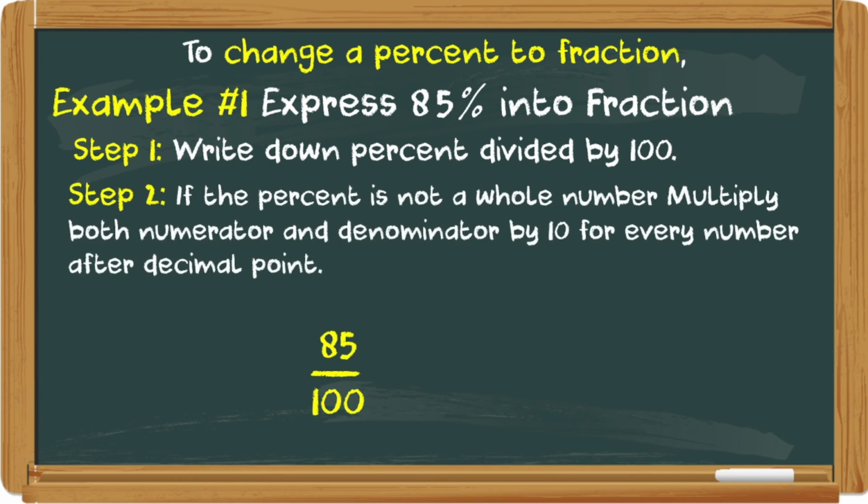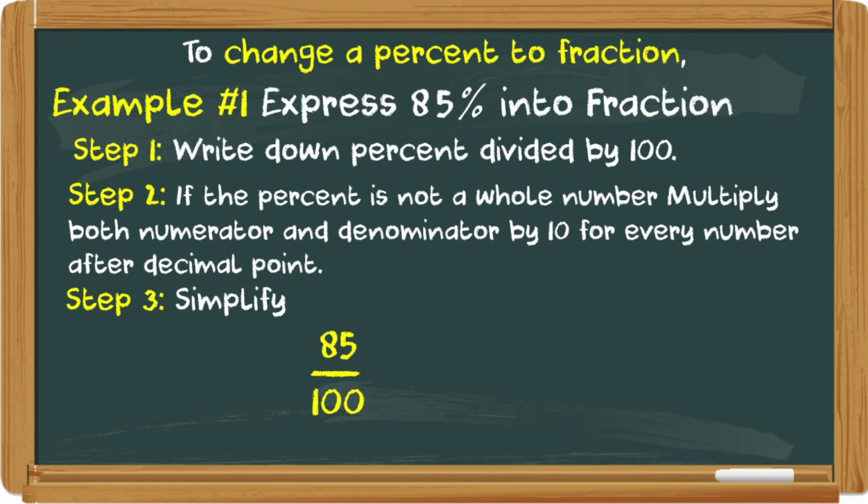Step 2, if the percent is not a whole number, multiply both numerator and denominator by 10 for every number after the decimal point. Since 85 is a whole number, we will proceed to the next step. Step 3, simplify. 85 over 100 is not yet in its lowest term.